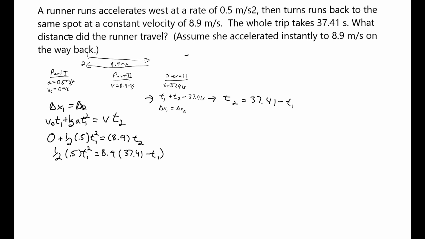That's getting a little small. Alright. So let's rearrange this a little bit. I'm going to bring everything over to the left side here. So we get 0.25 times t1 squared plus 8.9 t1 minus, what's 8.9 times 37.41?